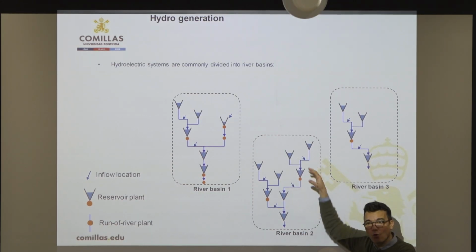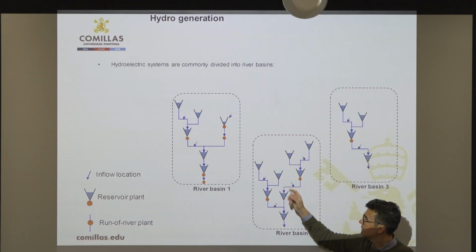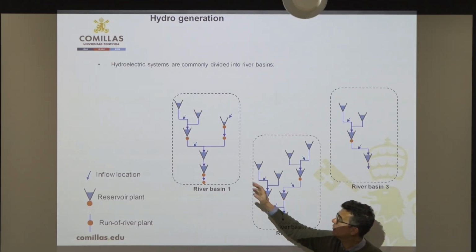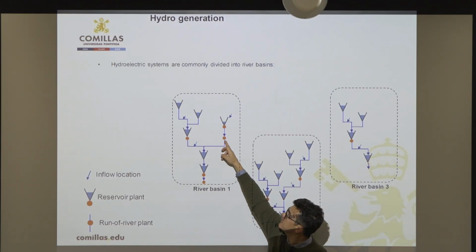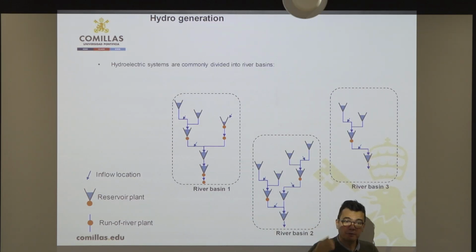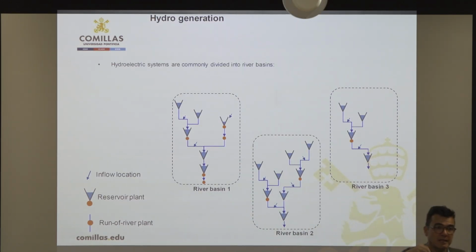Some of these power plants are run-of-river. They don't have a reservoir, like this one, for instance. This is a run-of-river power plant because it has no reservoir. All the water that comes has to be turbined and produced. So here you see an example of how the topology of these elements limits very much the flexibility that they can have. I mean, everything is interconnected.